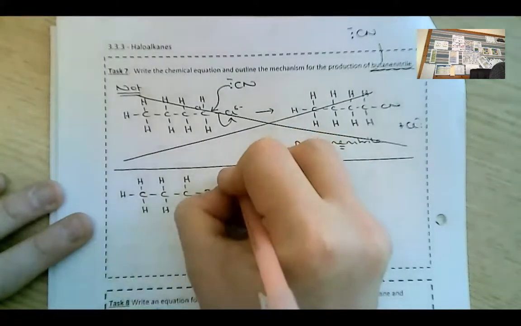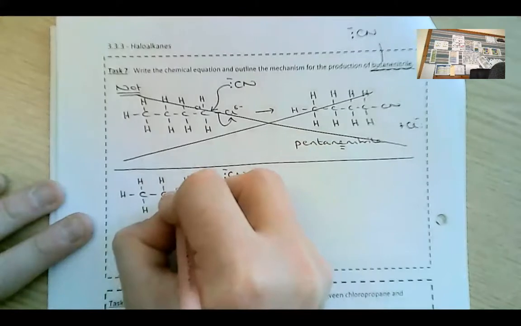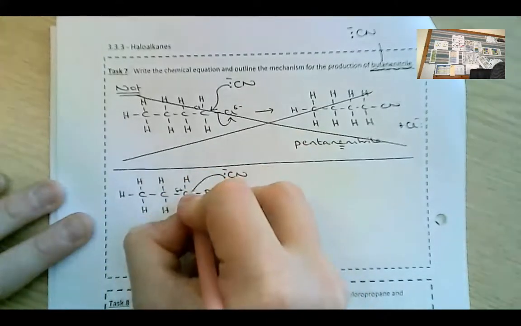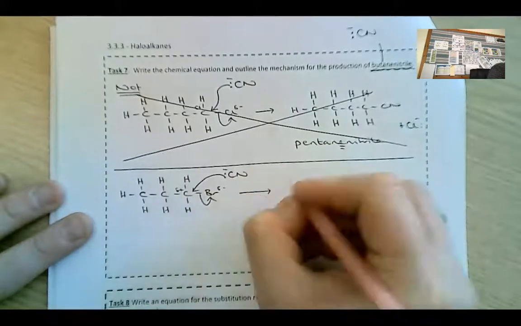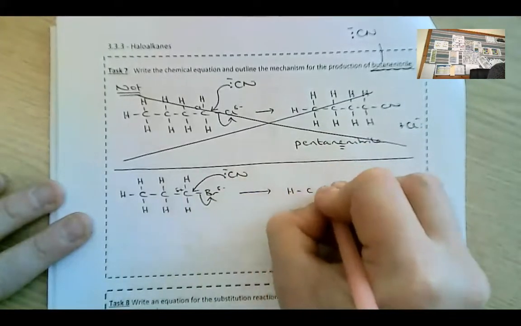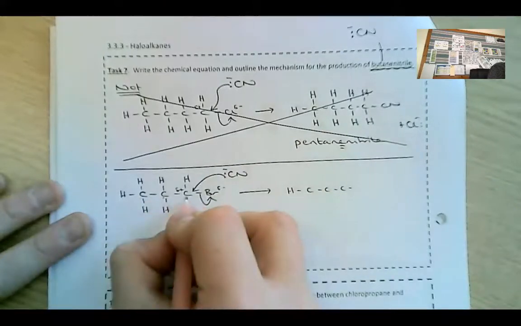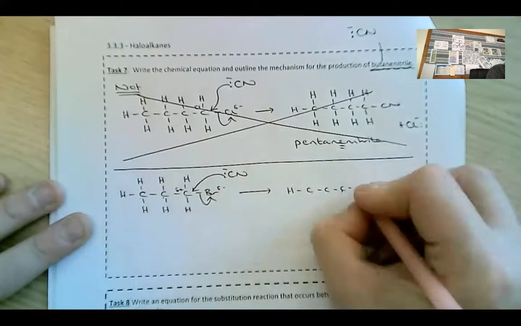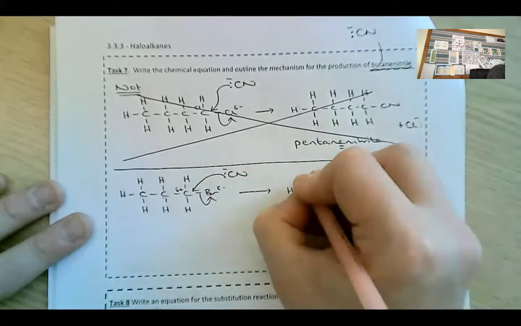Okay, so my cyanide ion comes along. The bromine's delta minus, the carbon is delta plus. We attack the carbon. We break off the bromine. Those are my 3 carbons from the prop chain, but now we've got the CN group, which has taken the place of the bromine.